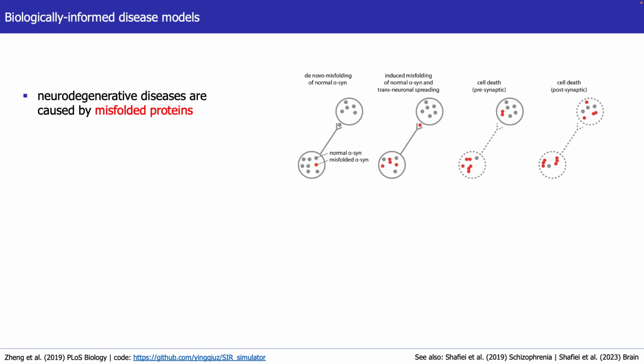So we were making these connectome-driven agent-based models where we would model individual molecules of synuclein, which would occasionally misfold, and when they came into contact with normal proteins, they could probabilistically cause them to misfold and aggregate, and they would spread from cell to cell. And when enough of them accumulate in a cell, either presynaptically or postsynaptically, they can cause cell death and atrophy.